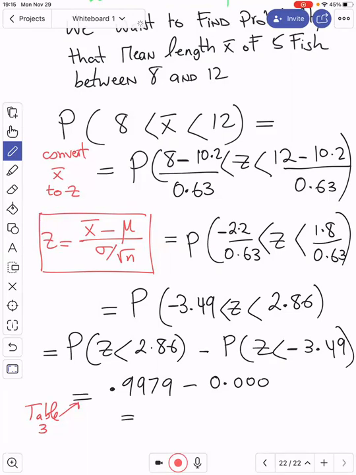So it's 0.0002, a very, very small number, very close to 0.